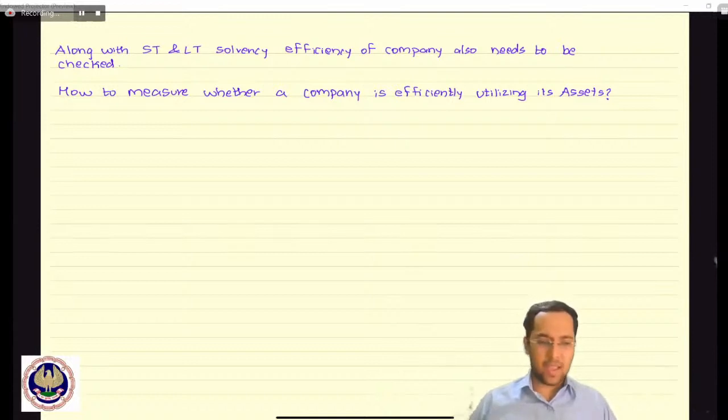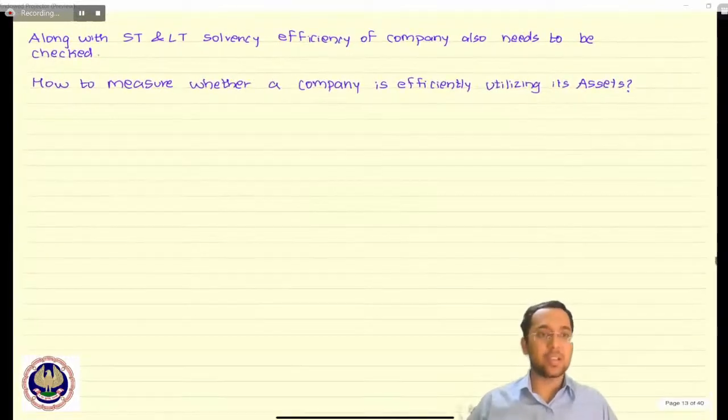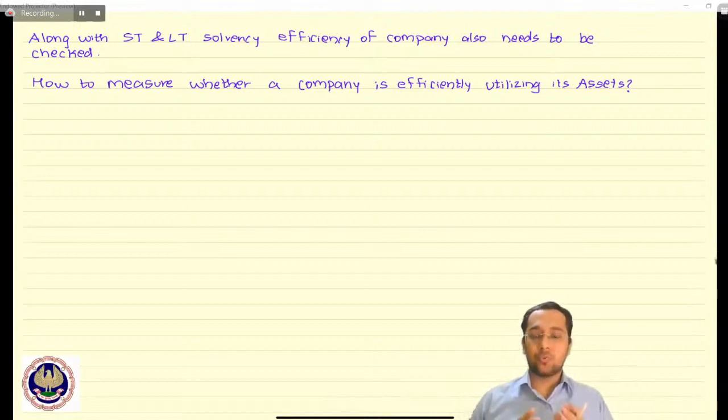And for that purpose, we have a certain set of ratios we looked into. How do we know whether a company is really utilizing its assets or the investments in the best possible manner? For that, we are going to look into a set of ratios called turnover ratios.